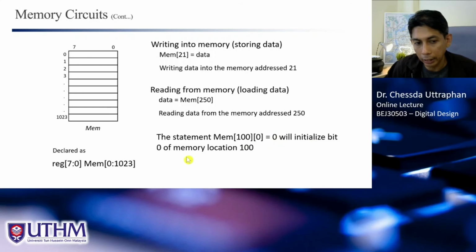This will initialize bit 0 of memory location 100 to 0. Okay, when you put 1 means that you set memory location 100, bit number 0 to 1, sorry.